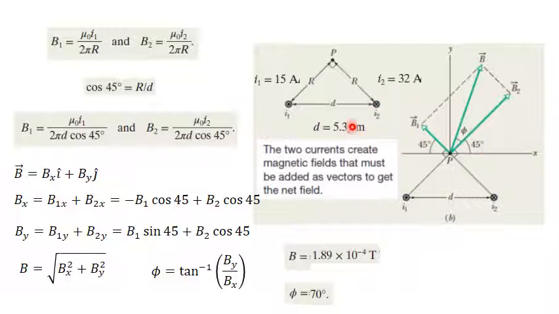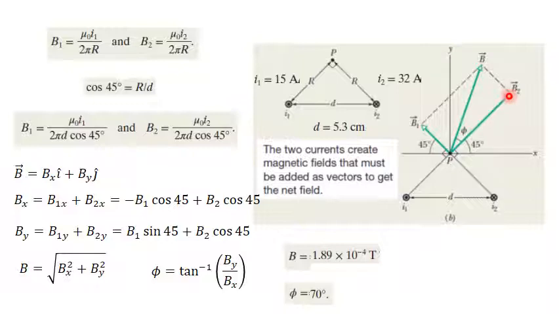For the case of B2, due to the current I2, we put our right thumb inside the screen and look at our fingers. We will see our fingers rotating clockwise. So the direction of B2, which is coming from I2, would be normal to the direction R, and it would be clockwise. Once again, we analyze B2 into X component and Y component.